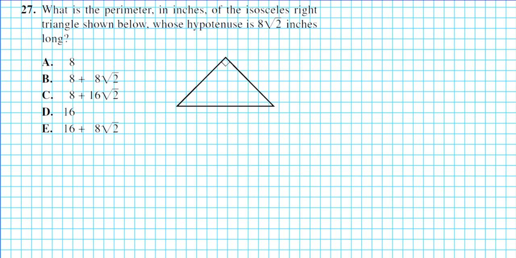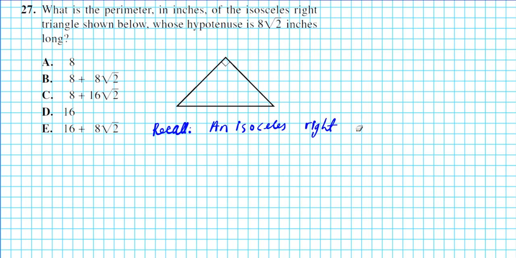Now what we're going to do first is talk about what an isosceles triangle is. Just a real quick reminder. What is an isosceles triangle? Recall, let's be specific here. This is not just any isosceles triangle. We have an isosceles right triangle.